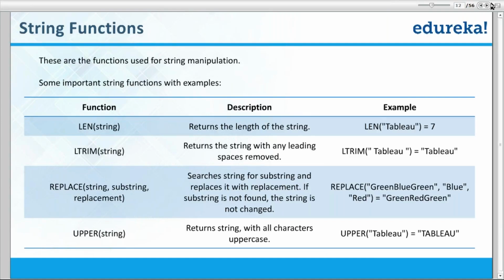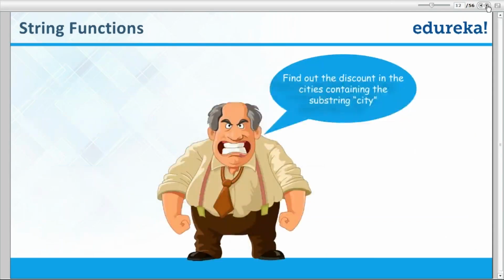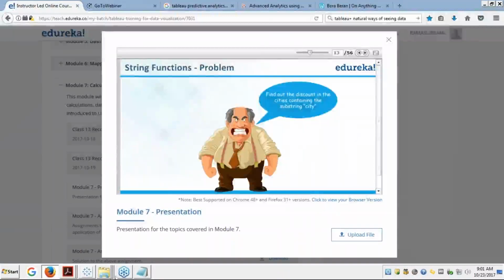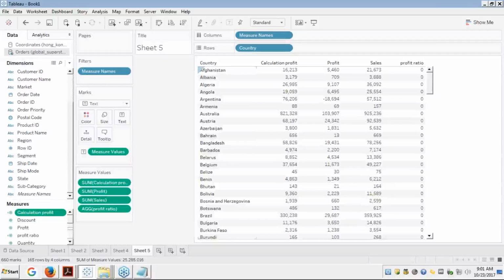Okay, friends. So if you all are okay with this, I'm going to ask you a question now. Tell me which calculation I can use to find out this result. First I'll show you some string calculations. The string calculations are something like this, friends.